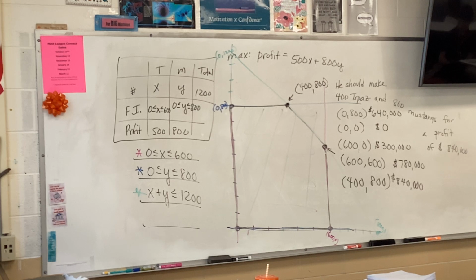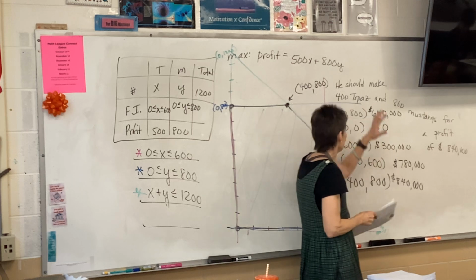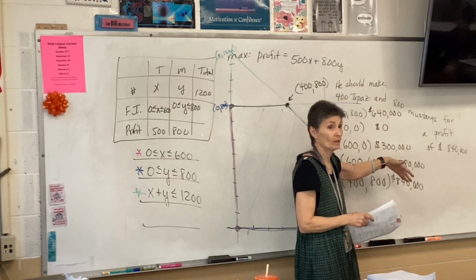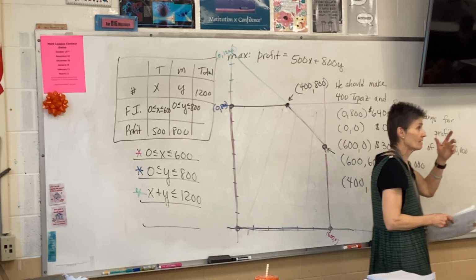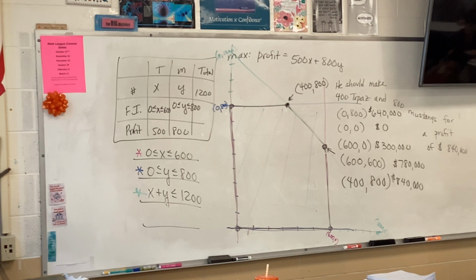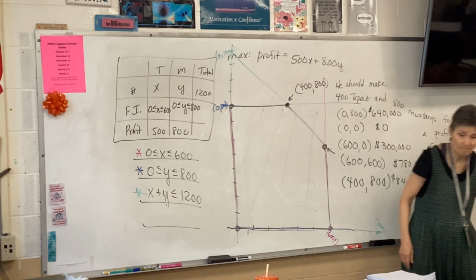We need to minimize the cost. Now, that doesn't change anything except when we do all this, instead of looking for the highest number, we're going to look for the lowest number. Now, you might be thinking, well, that's easy, he just won't buy any pills. No, that's not an option. Remember, Jameson needs to take pills to get his requirement, right? Yeah. All right, we'll work on that again next time.